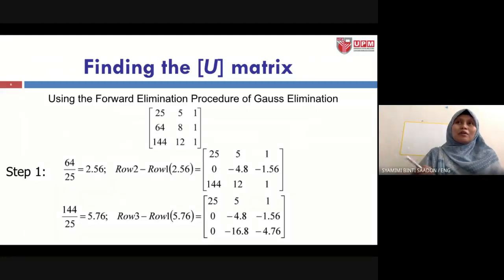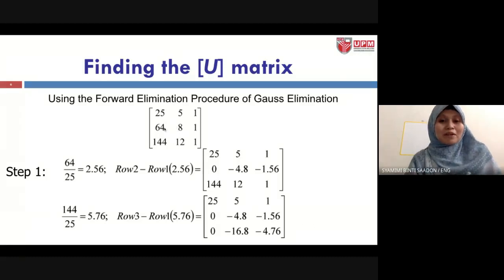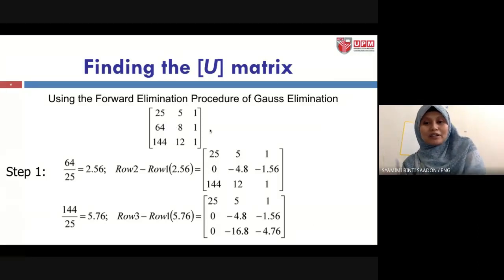As a rule of linear algebra, if we change the calculation for the first term of the second row, then we have to apply the same calculation to the rest of the components throughout the row. So we have to conduct the same calculation for this and this, even though they will not be 0.